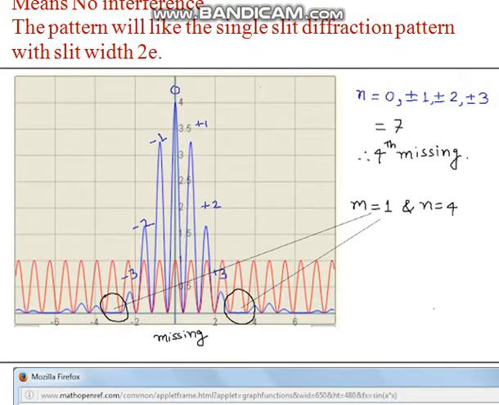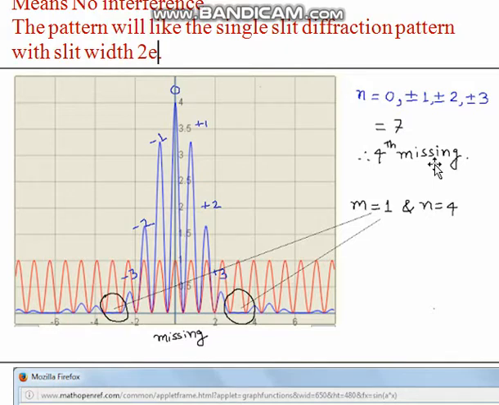Now see the graph here. I plotted the cos square graph in red color, and the blue color is the final pattern, whatever we are going to see on the screen. You can see that n equal to 4 is the missing order. So here n is equal to 0, plus minus 1, plus minus 2, plus minus 3, and the fourth is missing.